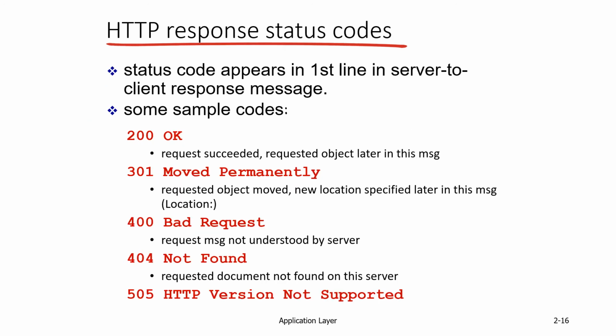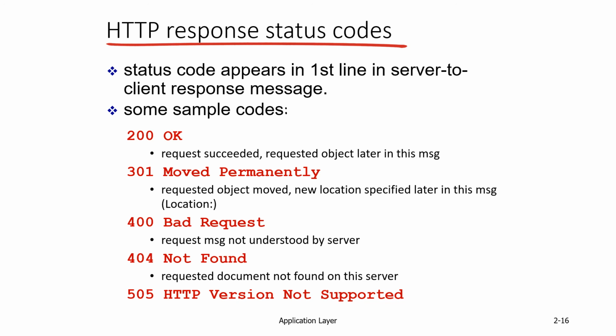So these are the important status codes. There is no need to memorize them, but you should be able to understand the basics. 200 is OK. 301 means the resource has been permanently moved. 400 is bad request, meaning the request message was not understood by the server. It could be a mismatch of the HTTP versions or something else. 404 means not found, that the requested document is not available. 301 says moved permanently, and it also specifies in the message where the resource has moved.